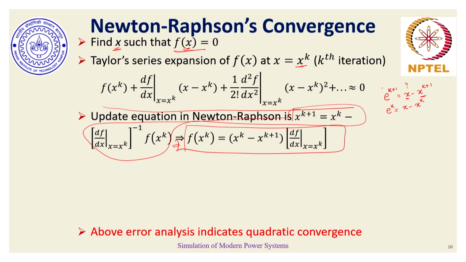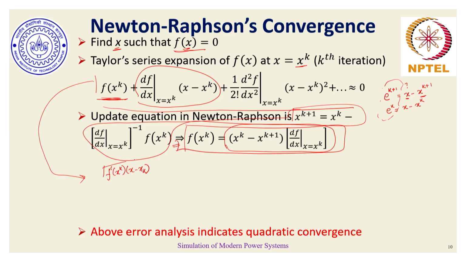With this as my definition, if I now shift my focus to the Taylor series expansion that I have obtained here and substitute f of xk in terms of this right hand side representation, then what do I get? I get f prime xk times (x minus xk), which is the same term present over here that I have written first, plus I am substituting f of xk with this RHS term.